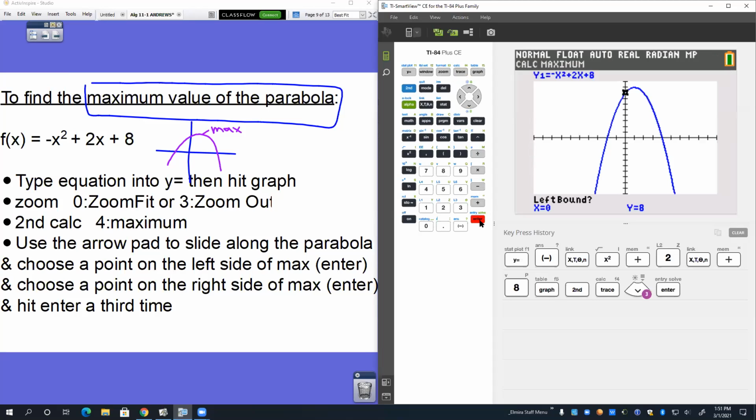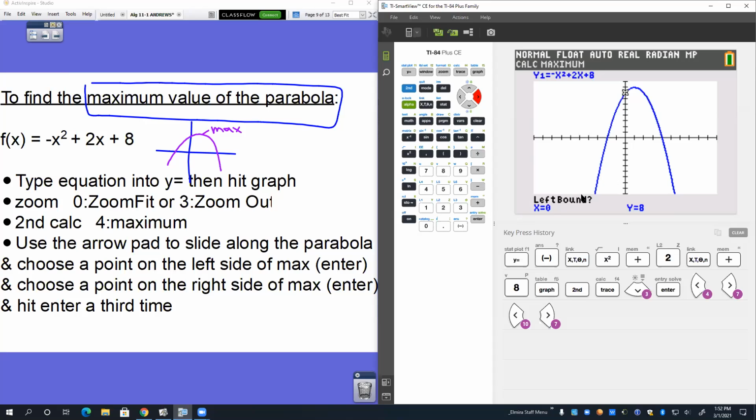and hit enter. Now, it comes up with this little blinky thing. If you move that little blinky thing, you can move it with the left and right arrows on the arrow pad. Notice at the bottom of the calculator screen that it says left bound.